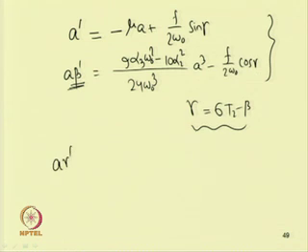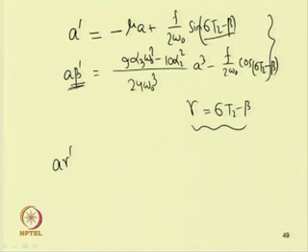The first equation, a dash, will involve sin of sigma t2 minus beta, and this also involves cos of sigma t2 minus beta.